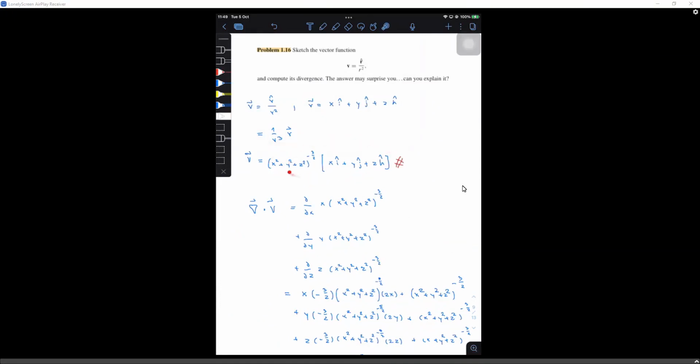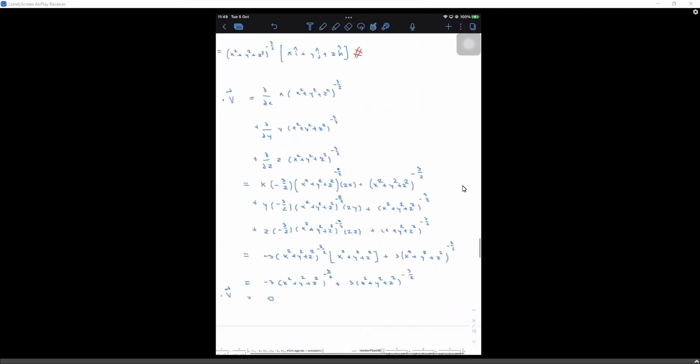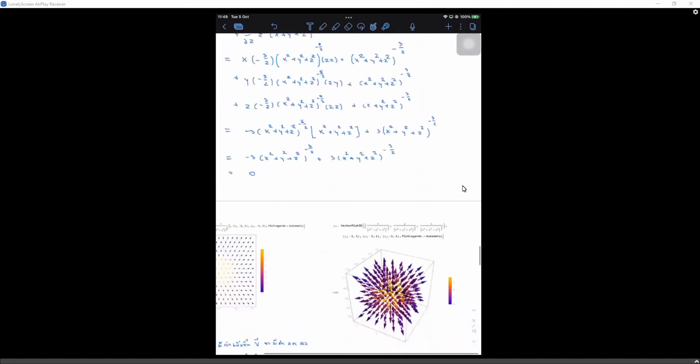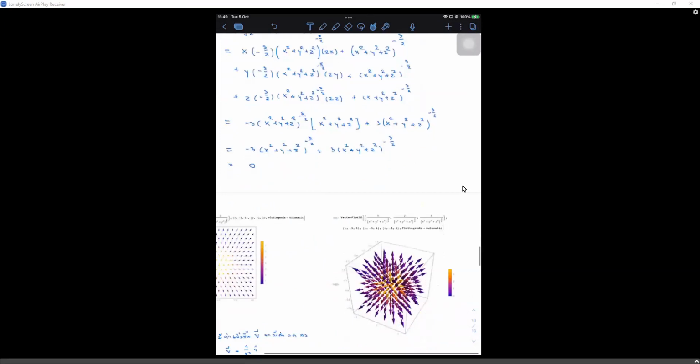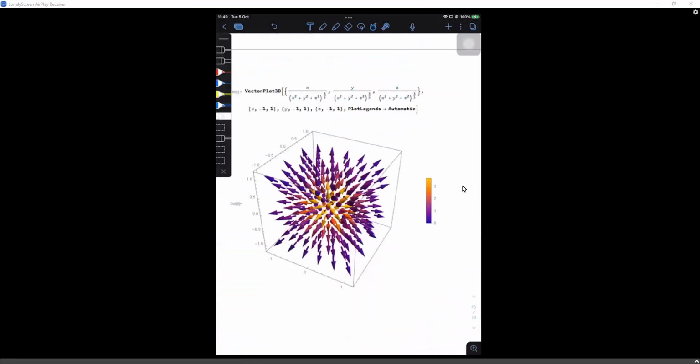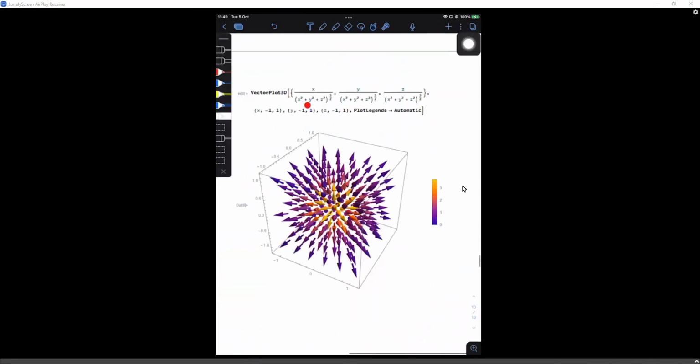We use this function to plot in Mathematica. And this is the vector v that we sketch in the Mathematica program.